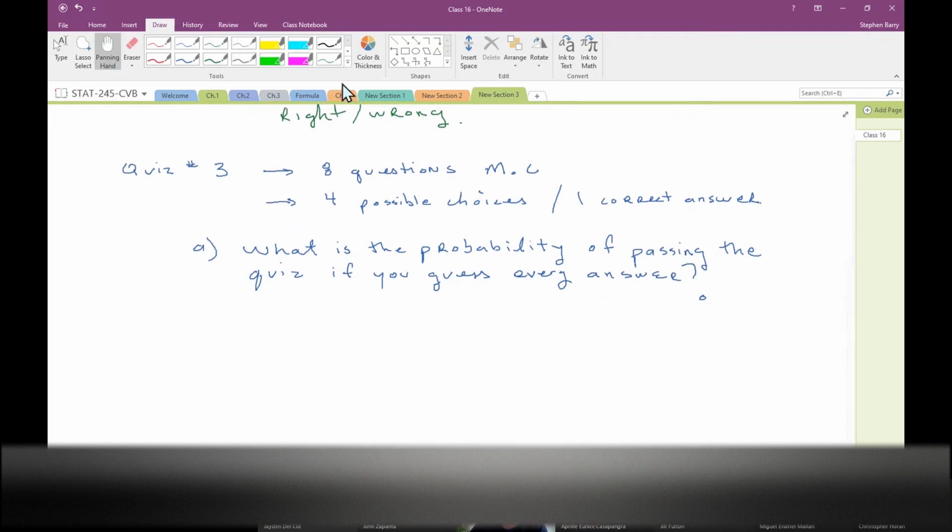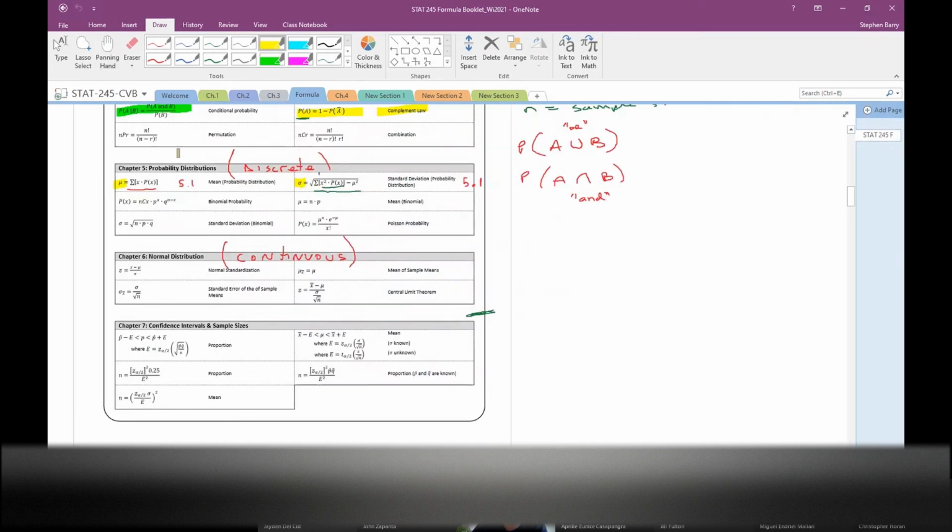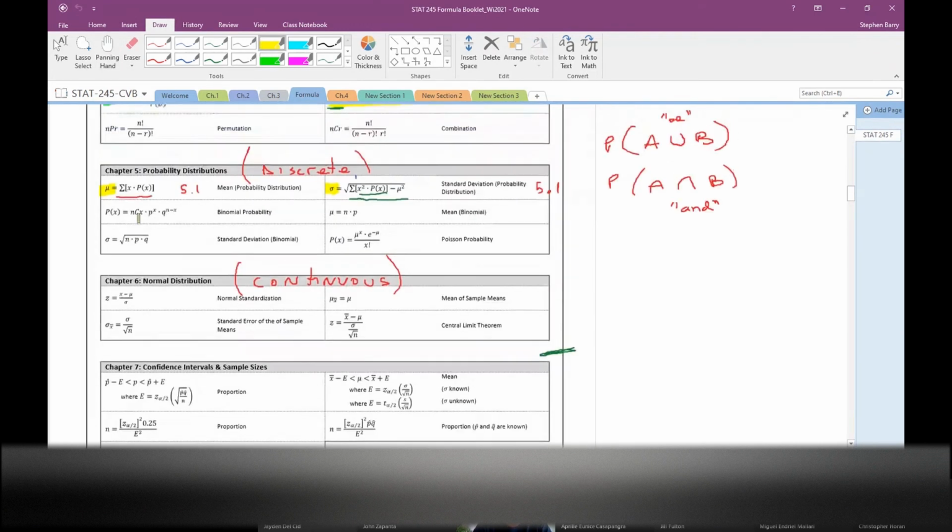So enter the binomial equations right here. So this is the master equation right here. And we're going to learn how to use these as well today. And as we'll see, one of the advantages of the binomial is that calculating the mean and the standard deviation is just as simple as in the first situation with a probability table.